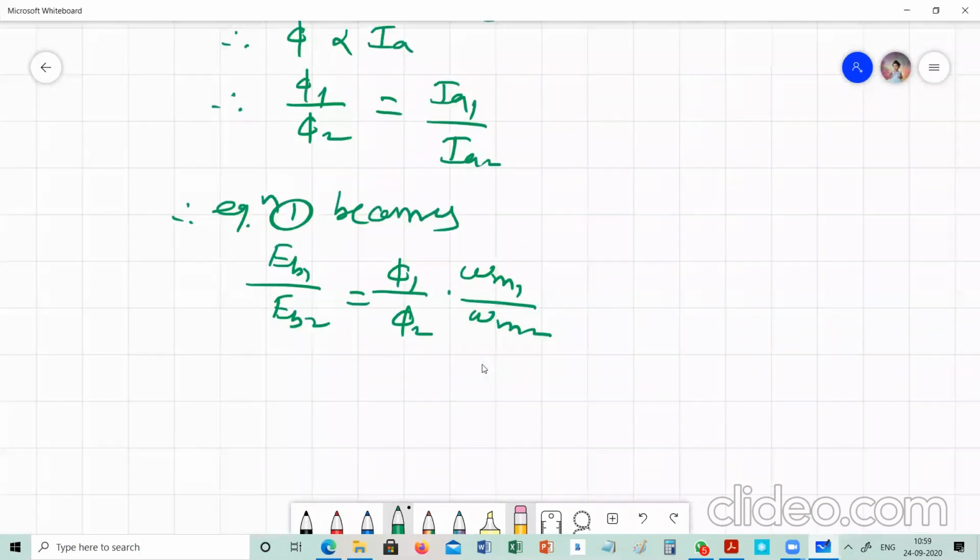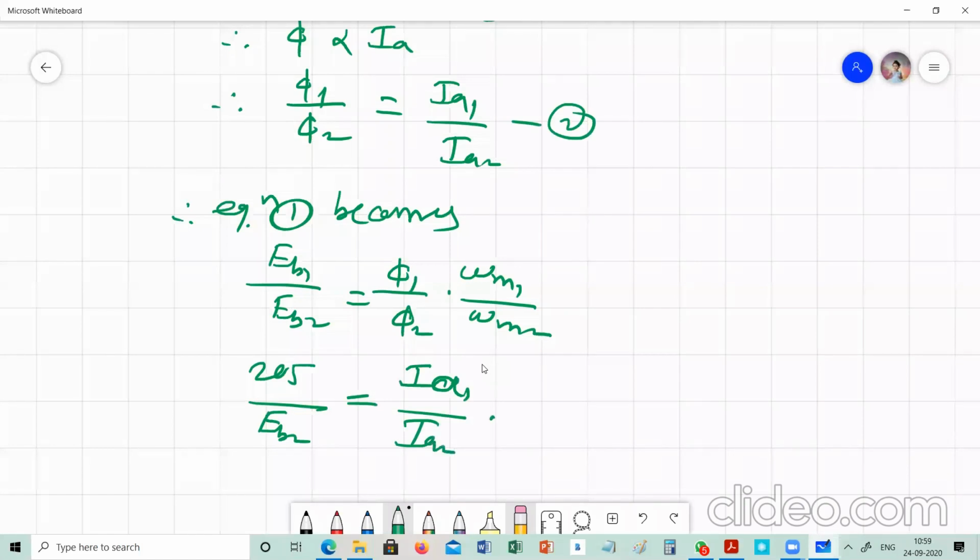We have calculated the value of EB1, which is equal to 205, divided by EB2, which is unknown, equal to phi 1 by phi 2, which is equal to IA1 by IA2 into omega m1, which is 750 rpm, and omega m2, which is 400 rpm.